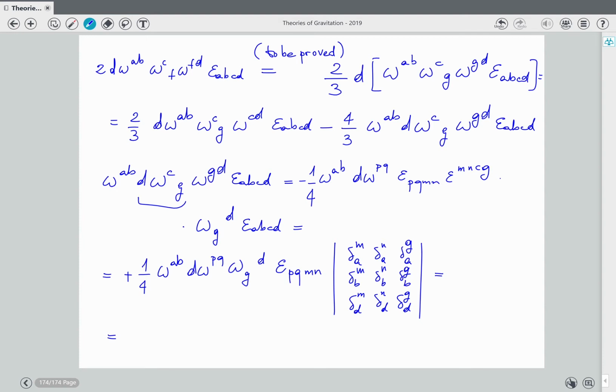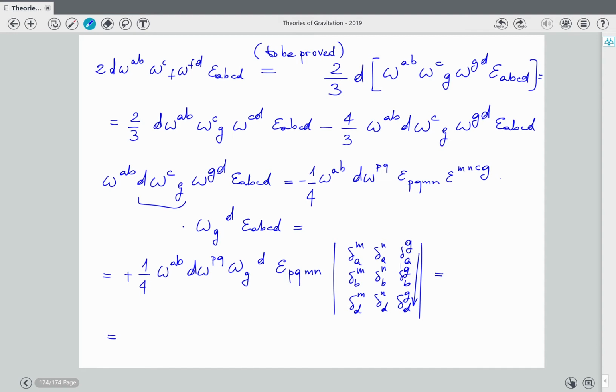And we can, for example, do it here, because if we leave out the columns with m and n, we will have twice as a doubling.